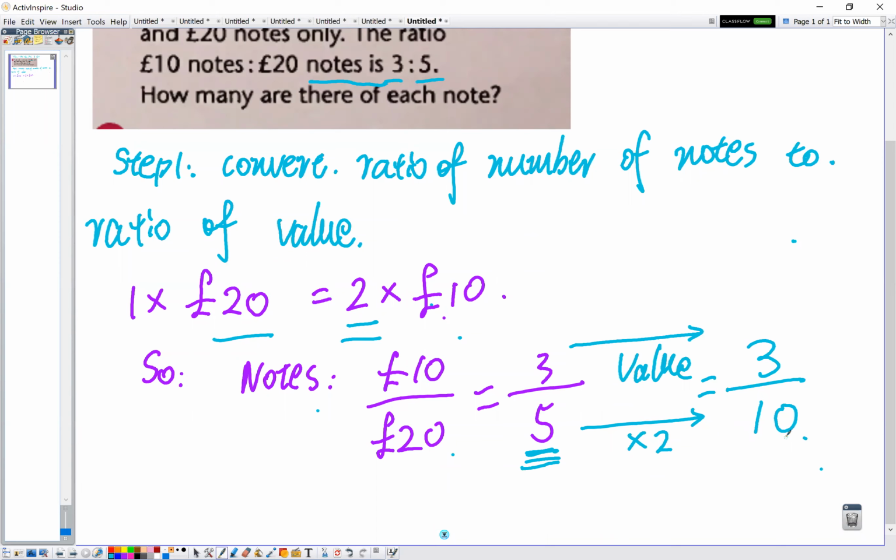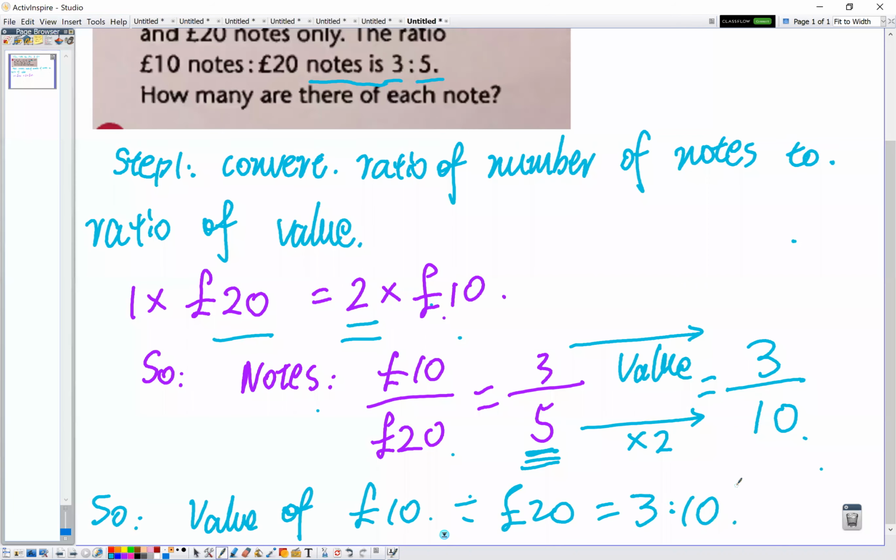So 10 portions of the value for the £20, and the £10 is still 3 portions. So the value between £10 and £20 becomes 3 to 10. Let me rewrite it.